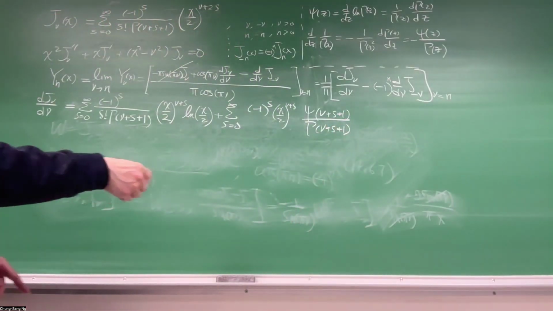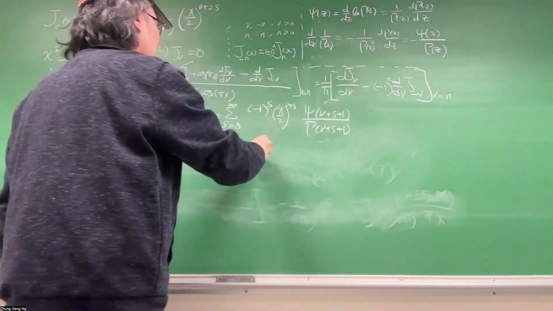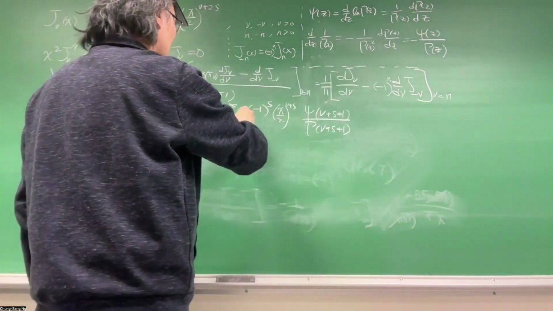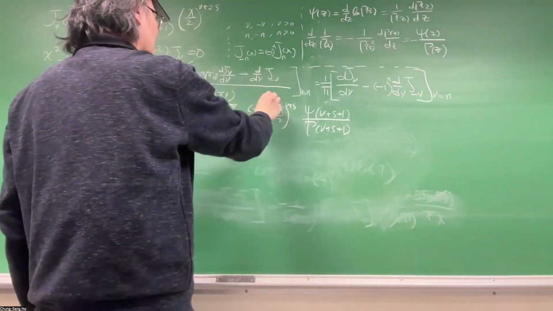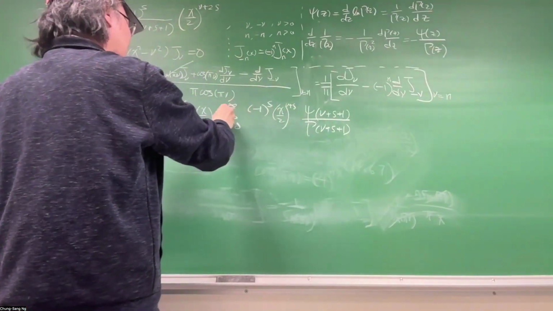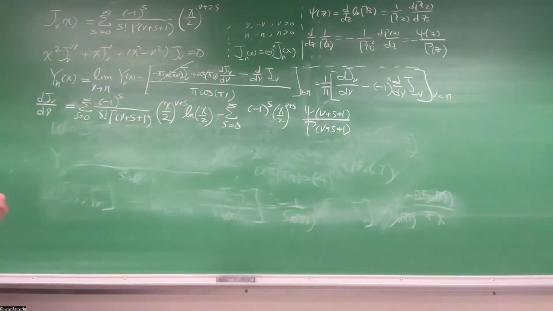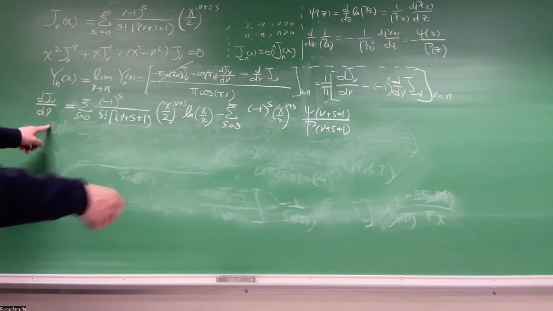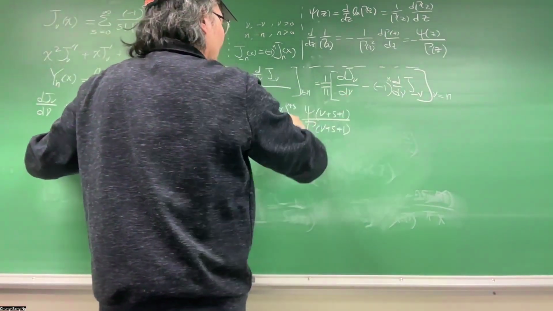And then there's a negative sign. If you like, you can write out the negative sign, or you can add to that power, but that doesn't matter. Write it out. Okay, so that's this term, right?